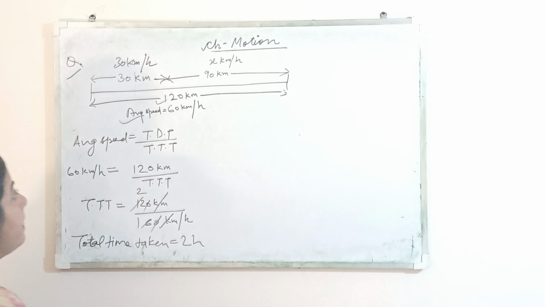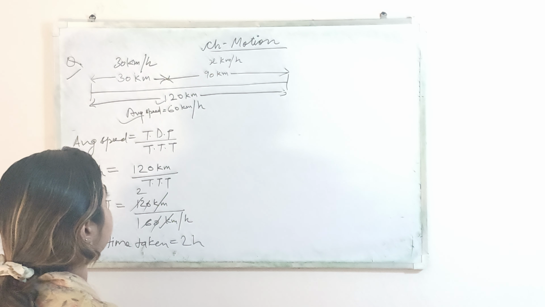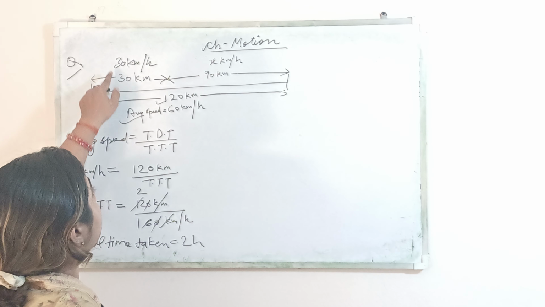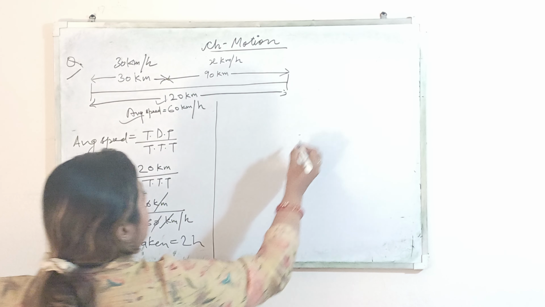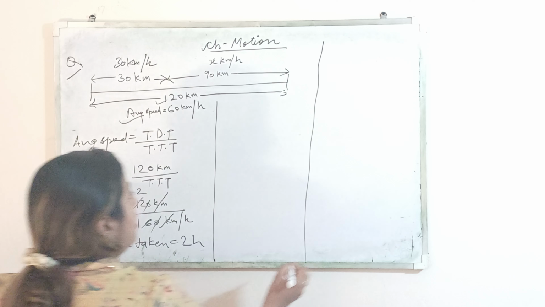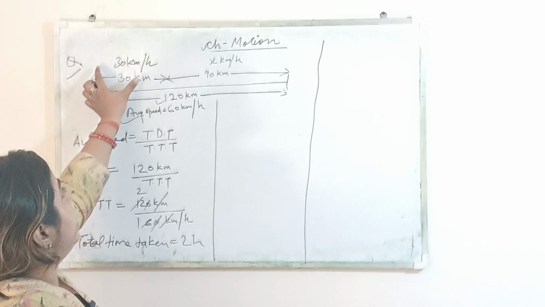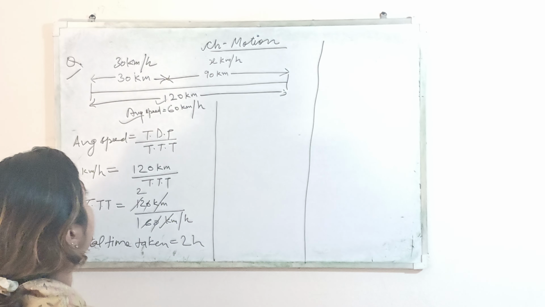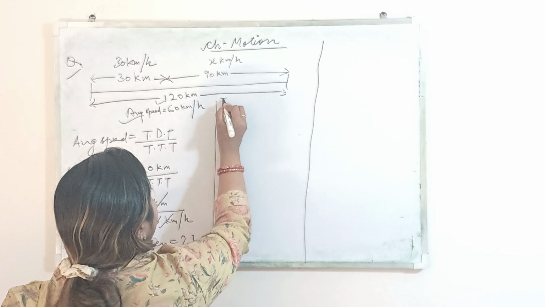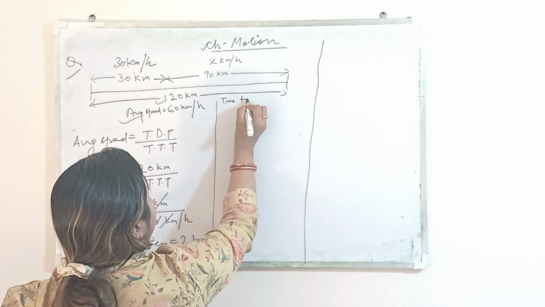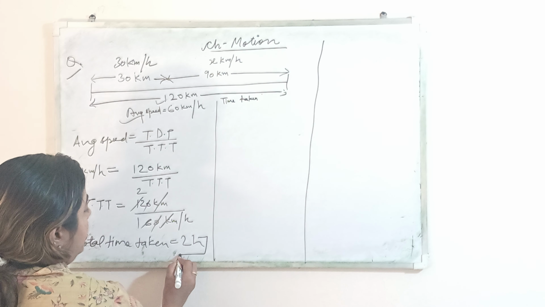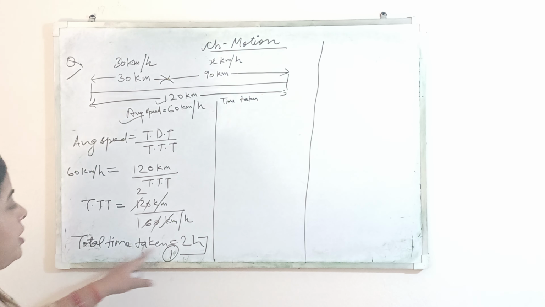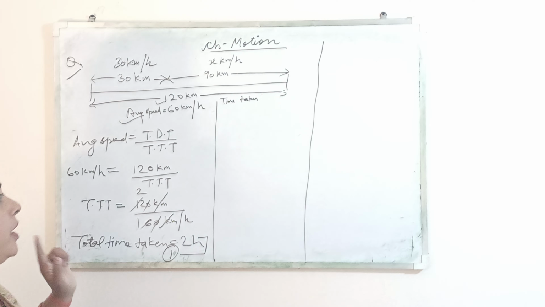Now, next thing, let us calculate the time taken by the train to travel first 30 kilometer. Let us suppose this total time taken, 2 hours, is equation 1.